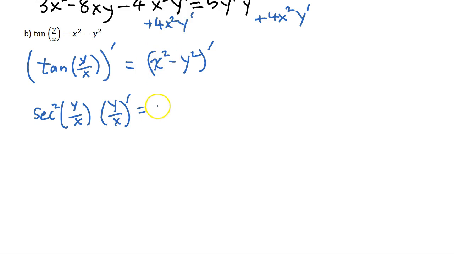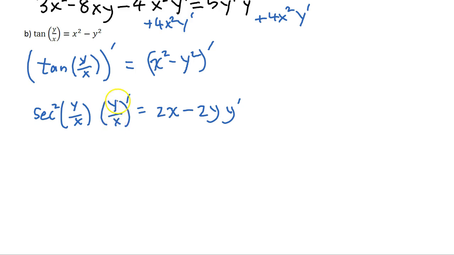Here x squared differentiates to 2x, and for y squared, remember y is a function of x, which is nested inside the square function. That means you have to use the chain rule, so it's 2y, and y has to be pulled out and differentiated. Okay, now let's think about this one. It's a fraction, and y is a function of x over x.